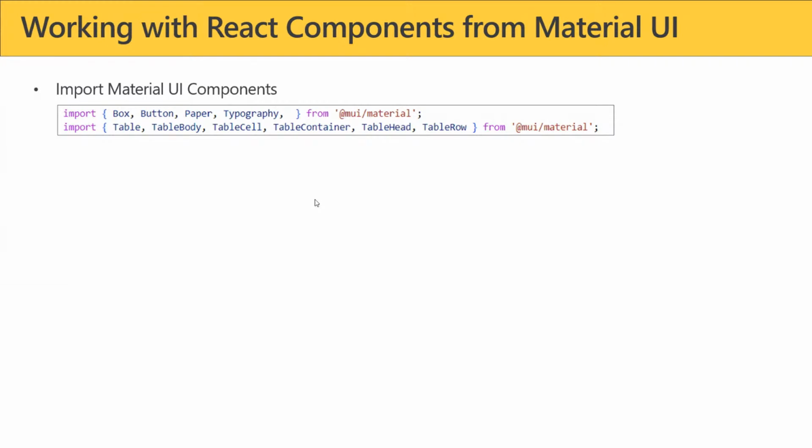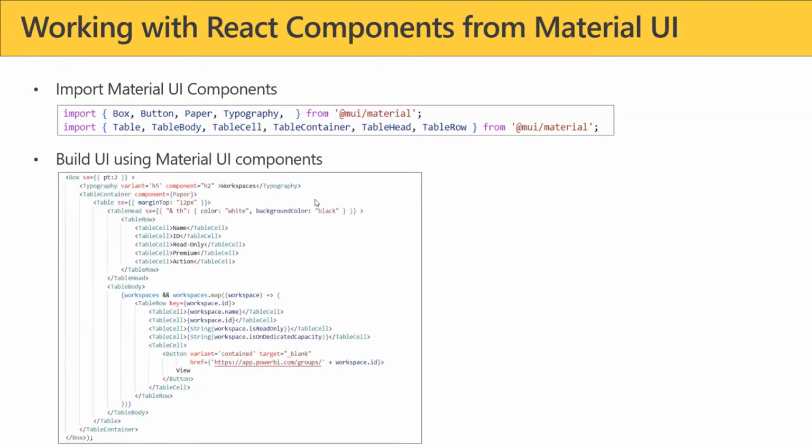Now, another thing that we're going to use in this session that we introduced in the previous session was working with Material UI. If you're using React and you're using the modern version, Material UI is a great complement because instead of working with divs and spans and ULs, unordered lists, you work with these high-level objects: Box, Button, Paper, Typography. And what you'll see is that this application has been created using Material UI.